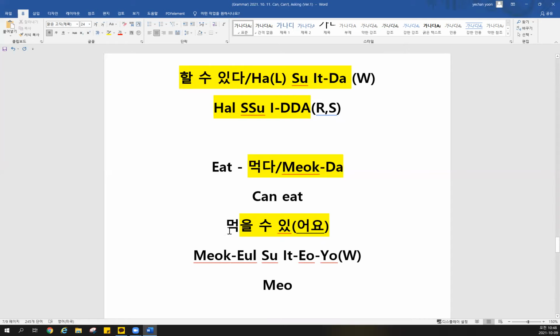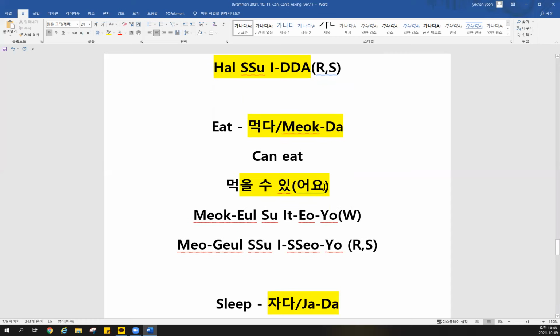So the sound has to go to the upper sound. Okay, so 먹을 수 있어요. This is how you write it down, and the speaking, reading and speaking: 먹을 수 있어요. Just like this, everybody. It's not that difficult.